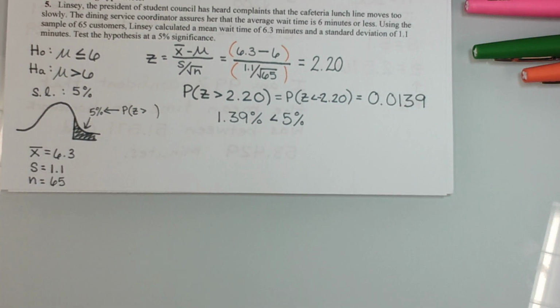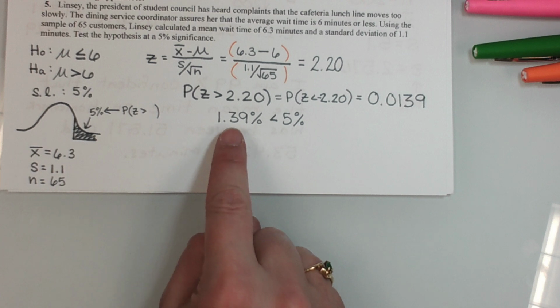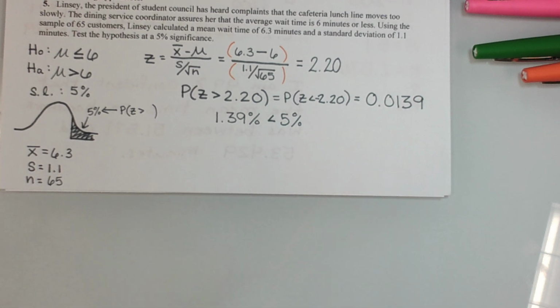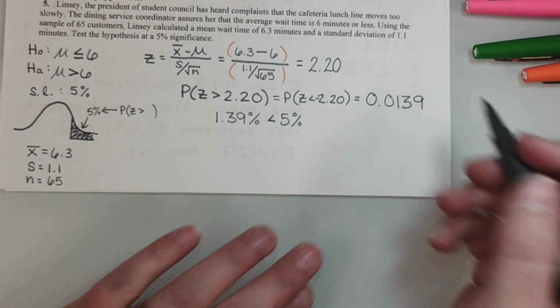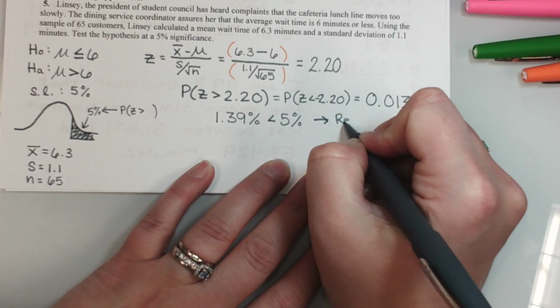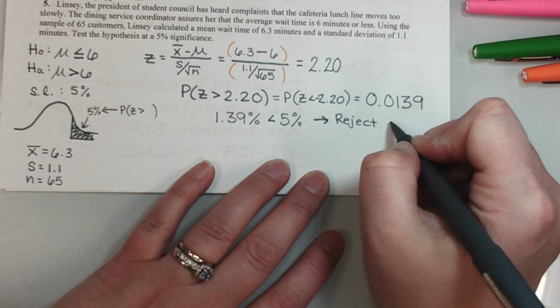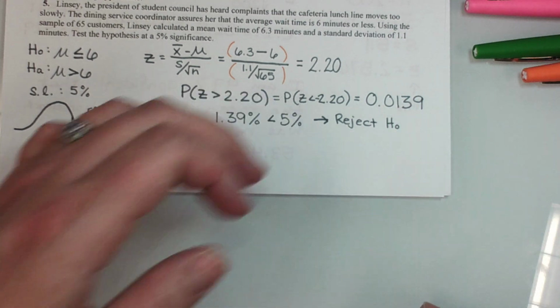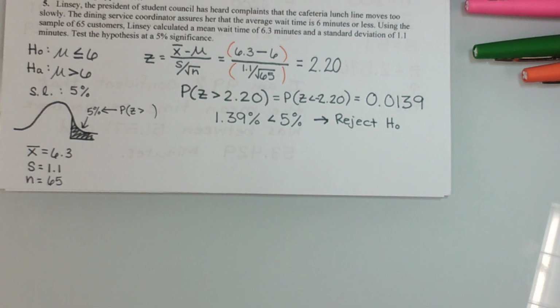If the probability of it happening is less than the significance level, is that when we raise a red flag, or is it the opposite? It's when it's less than. When the probability that we get is less than the significance level, that means it's so unlikely it shouldn't happen. We reject the null hypothesis at this point. In other words, we tell the expert, you are wrong and I have the proof.